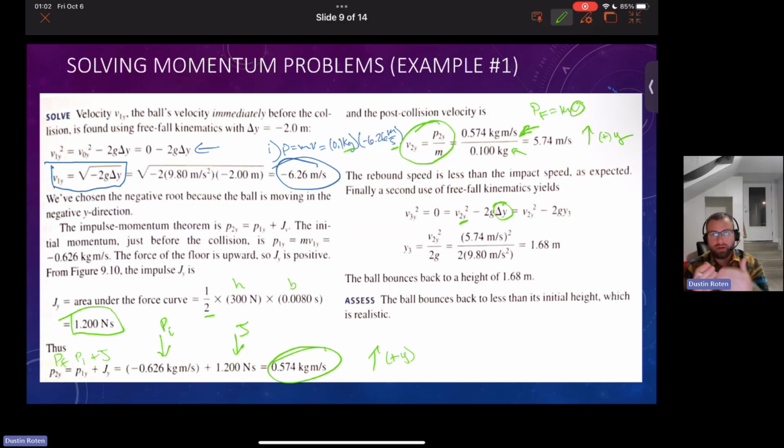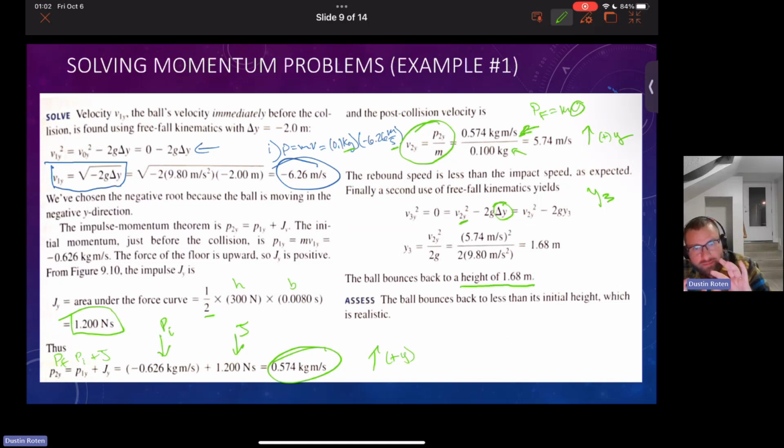We know that our initial height in this case is starting from the floor and going up. We can just say that's 0 up to its final height, which would be y3. And we can solve for that, just some algebra, and it turns out the ball bounces back to a height of 1.68 meters. All right, so because we've talked about kinematic equations so much, I'll skip over some of the algebra there.